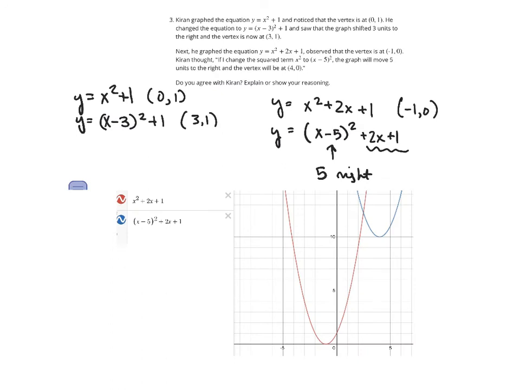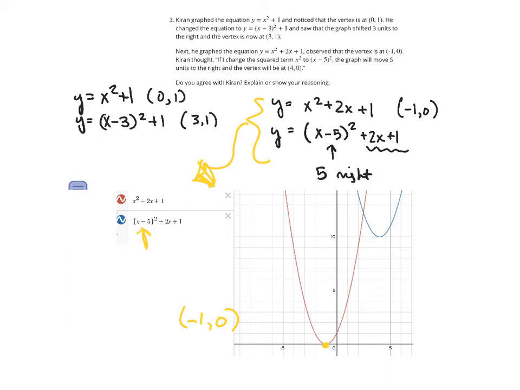All right, I moved everything to a new slide because it got a little crowded. So I went and graphed these two right here. Y equals x squared plus 2x plus 1 is right here with a vertex of (-1, 0).